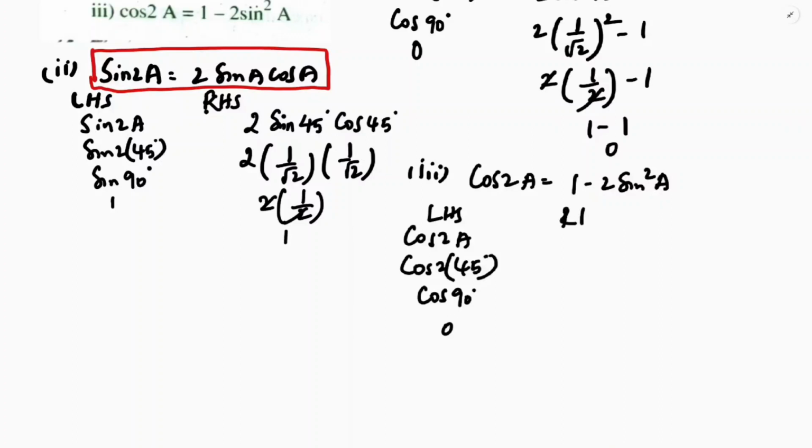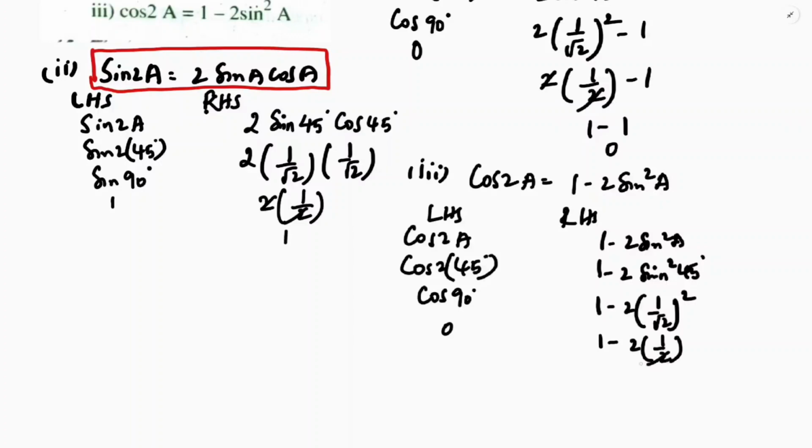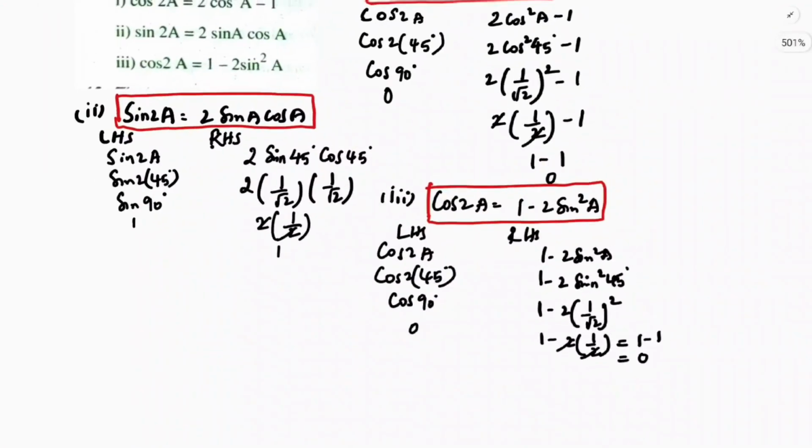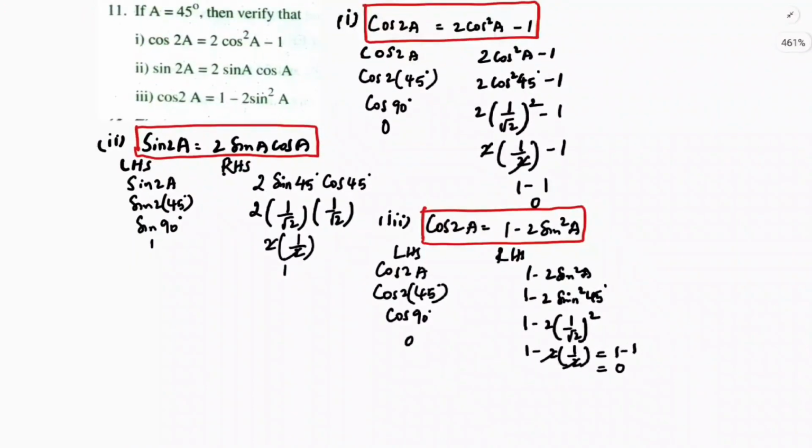If you take RHS, 1 minus 2 sin square a, 1 minus 2 sin square 45 degrees. 1 minus 2, sin 45 is 1 by root 2 whole square. 1 minus 2 into 1 by 2. 2 cancel. So that is nothing but 1 minus 1, which is 0. Therefore, we can say that cos 2a is 1 minus 2 sin square a. So in this way, we need to verify these values.